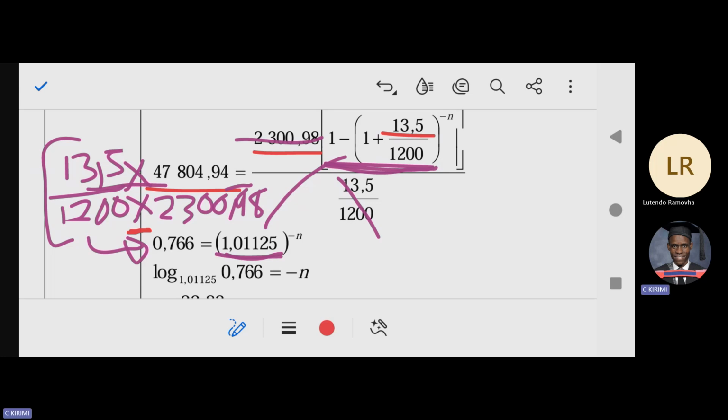So we want to calculate n, which means the base, that base which we are referring to. We said the exponent is minus n. They did not use our method, isn't it? But the logic is the same. Where I was cross multiplying, they did not go there.